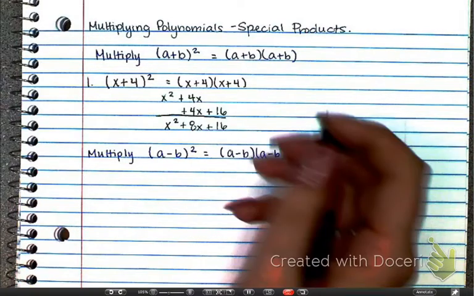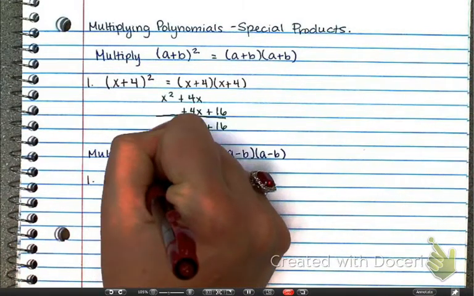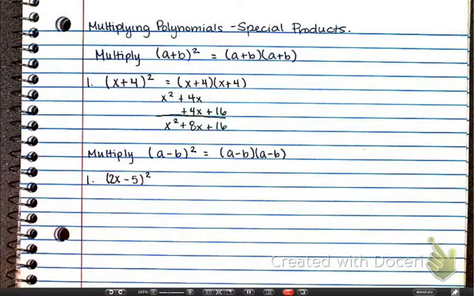So, for instance, let's look at x minus 5. Actually, let's make that (2x - 5) squared. Let's throw something else in there. So let's do (2x - 5) squared.